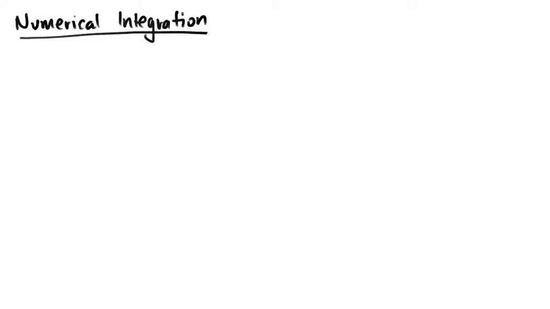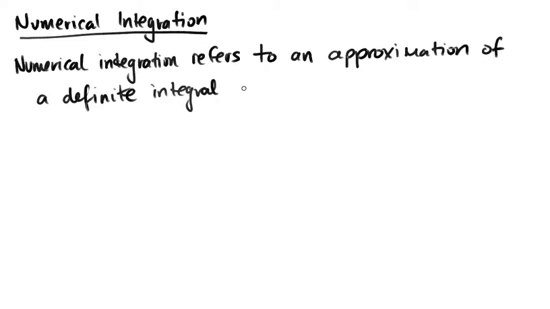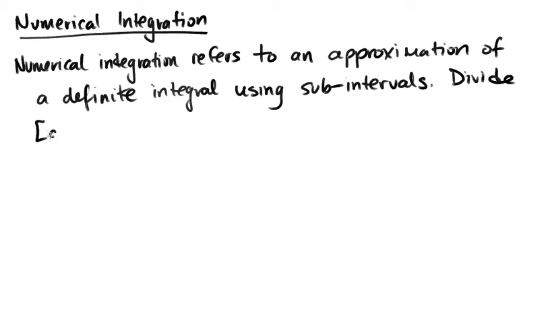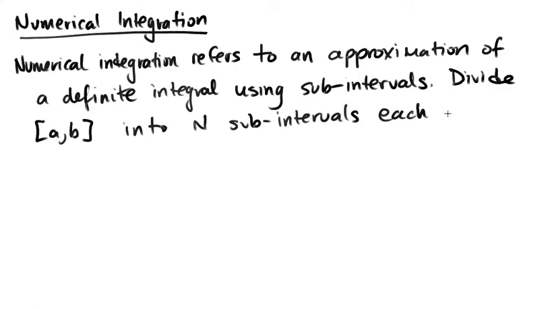Numerical integration refers to an approximation of a definite integral, and we do this using subintervals. So we divide our domain AB into a certain number, we'll say n subintervals, and each of those has a length, we'll call that delta x, b minus a over n.